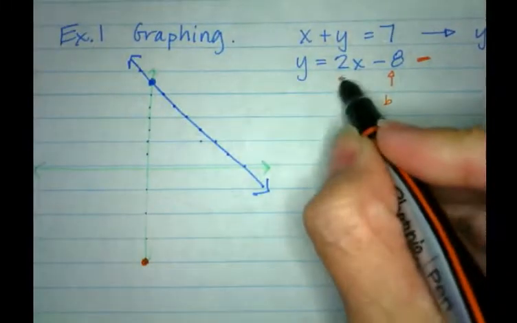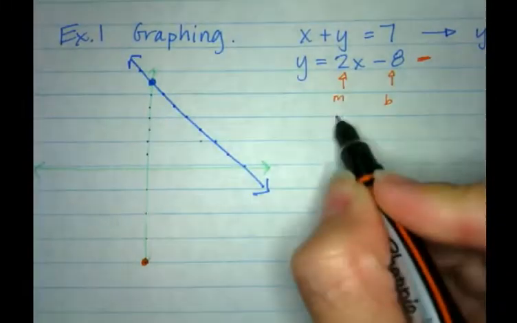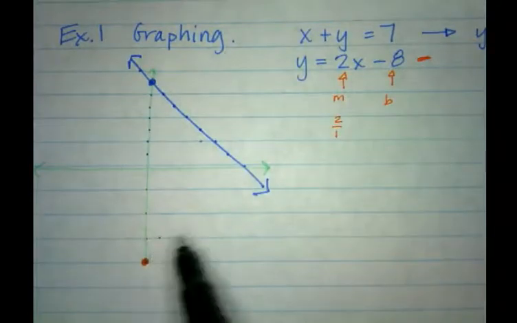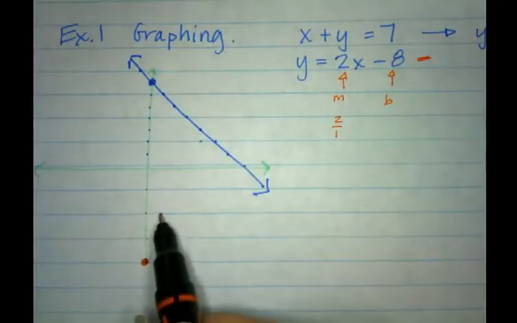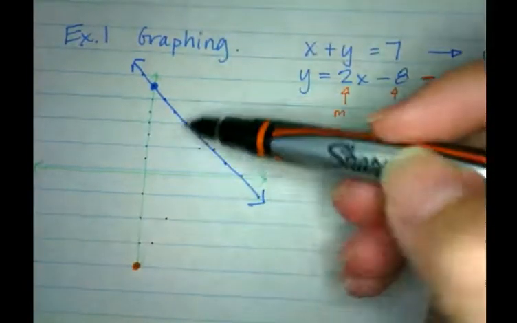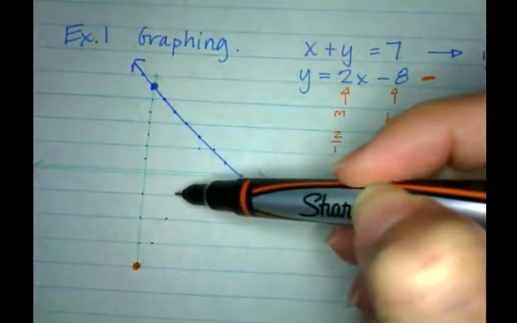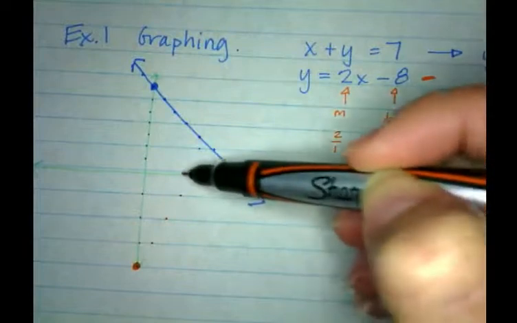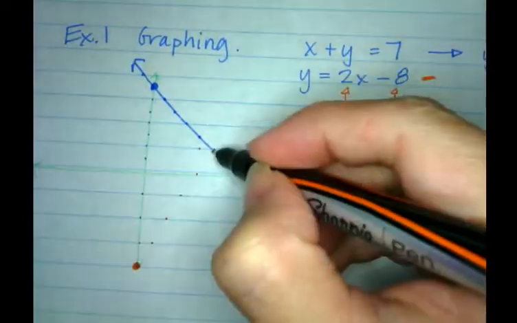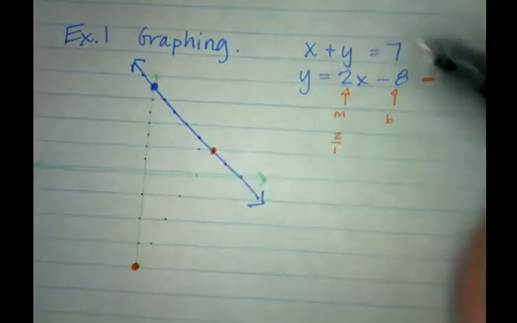And then this slope is 2, which means 2 over 1. So I'm going to go up 2 and over 1, up 2 and over 1. And this is where it would be nice to have graph paper. Up 2 over 1, up 2 over 1, up 2 over 1. So it looks like I'm getting right there.